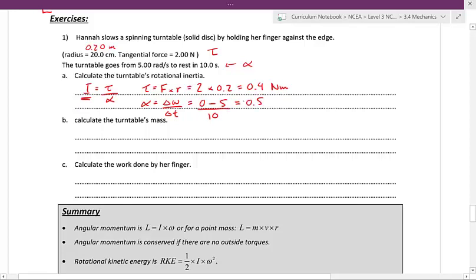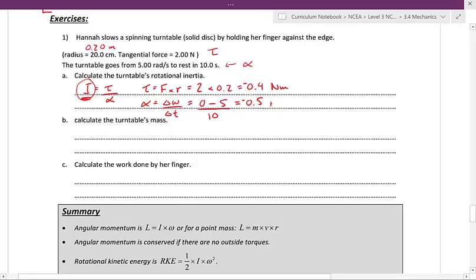It's actually negative 0.5. That just indicates direction, and actually the torque is being applied in the same direction that it's accelerating, so they're both technically negative. And rotational inertia is always positive, so if you were to end up with a negative answer, then you kind of know that it should have been the other way around.